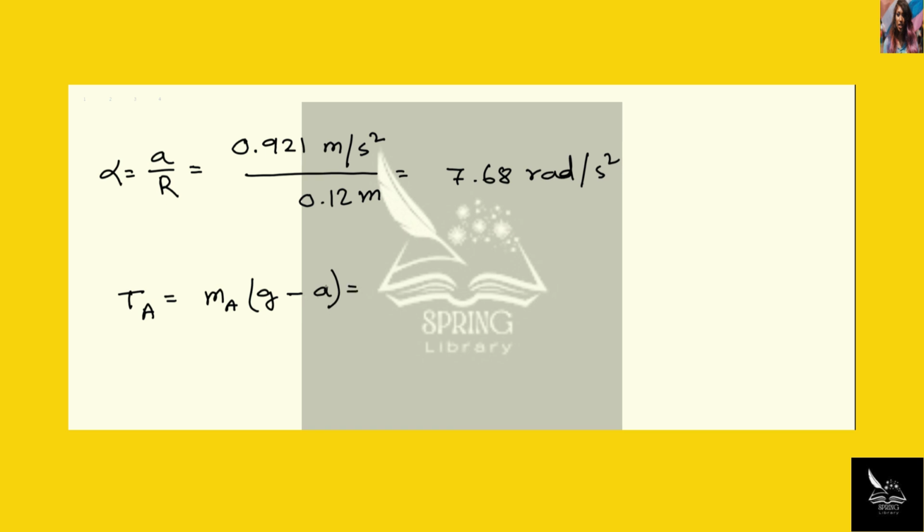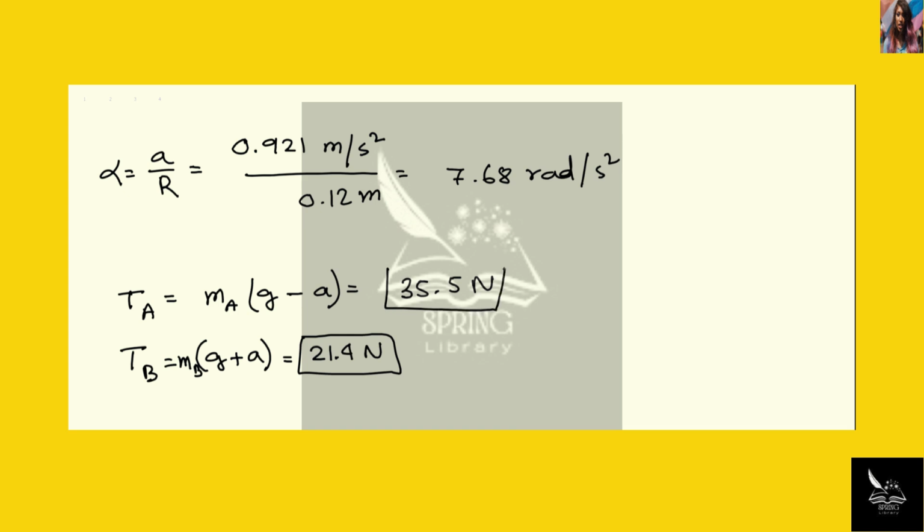And again, if we use all the given numbers, we see that this value is 35.5 newtons, and TB will be MB times G plus a, which is 21.4 newtons. So that's how we figured out TA, TB, alpha, and a.